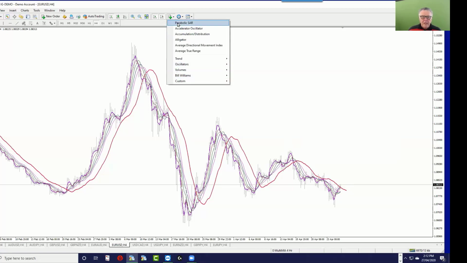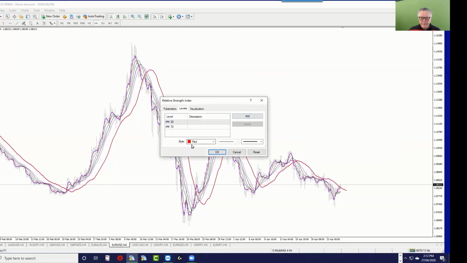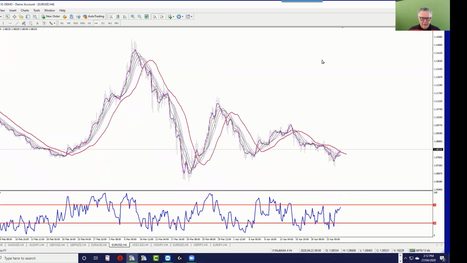Now let's slap an RSI on here and see what that tells us. See, I've got a 5 there, but that's fine. Okay, so let's have a look. So that's where we identified the, oops, all right. So what I'm going to do is change the levels of the RSI.